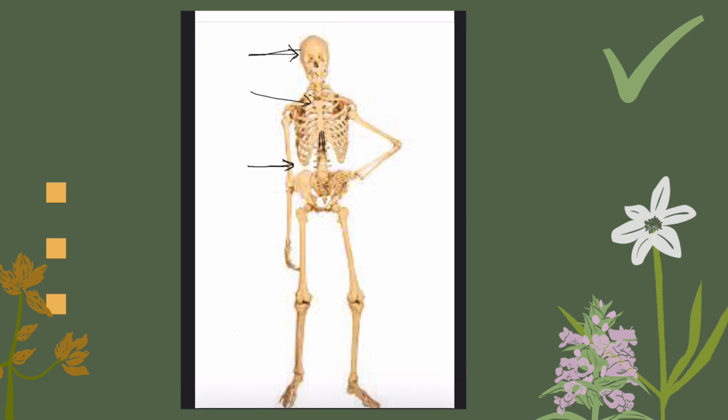Humerus, correct. Two bones in the hand. The first one, that is by the thumb, which bone? Good, the radius. And the other bone would be, good, the ulna. The bones in the hands, the fingers, are called phalanges. Good.